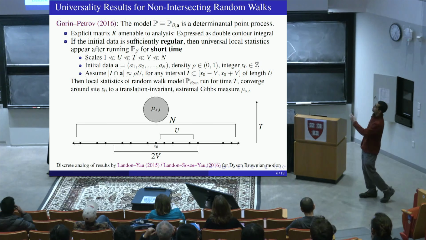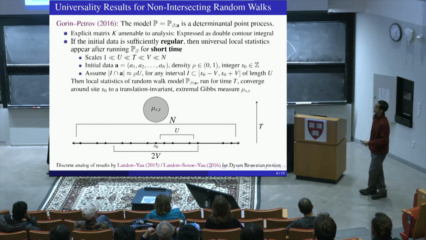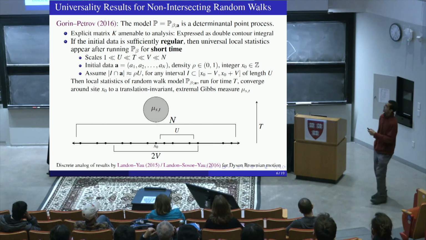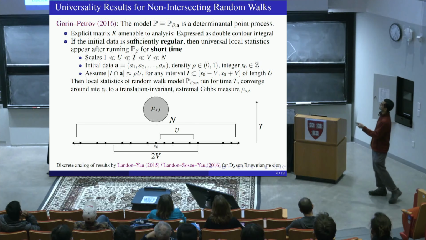You should view this model as almost completely under control. The statement that's relevant for this talk is the following result that these authors have obtained by analyzing this matrix.